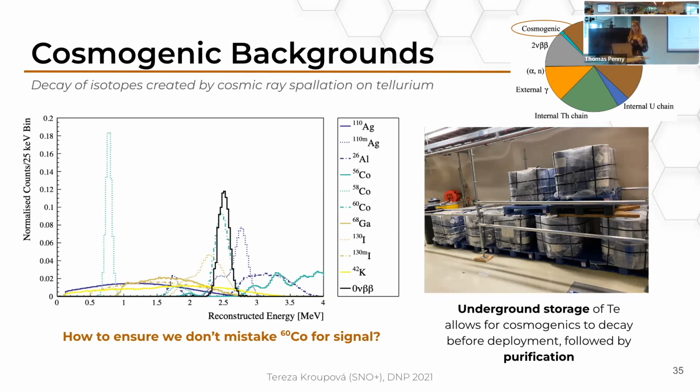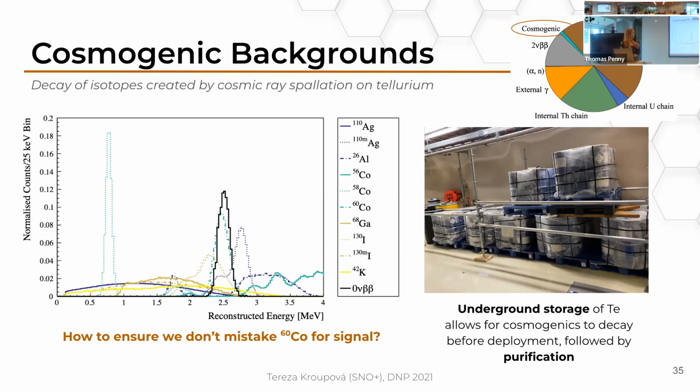In order to reduce them, we purify the isotope that we're loading, the telluric acid, and we store it underground so that a lot of these isotopes have time to decay away. A lot of these have half-lives of around a few years. This tellurium has been underground since 2015, and therefore by the time that we're purifying it, we will have very small contamination by these cosmogenic backgrounds.